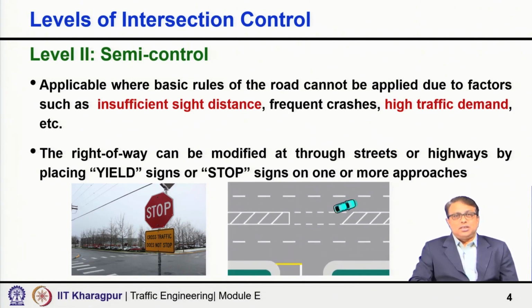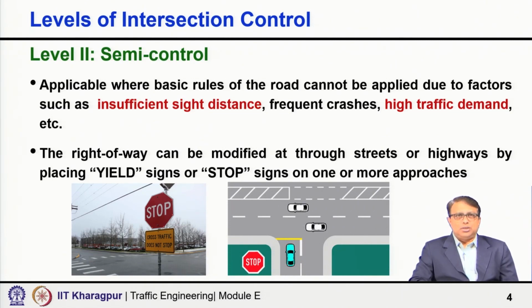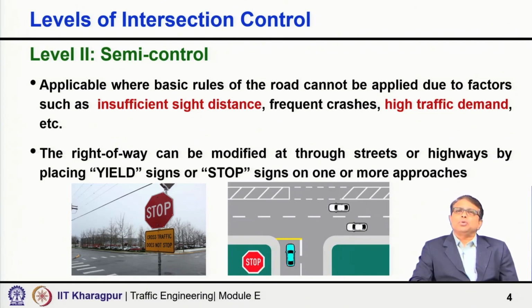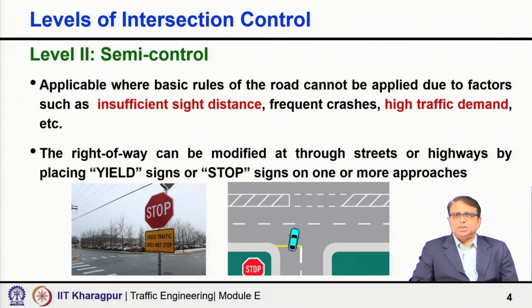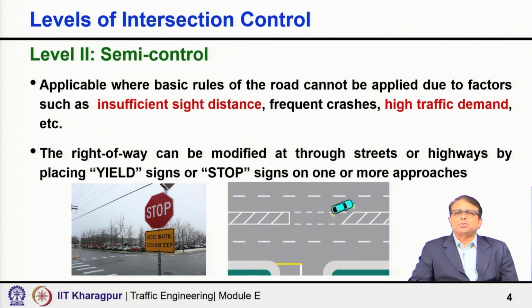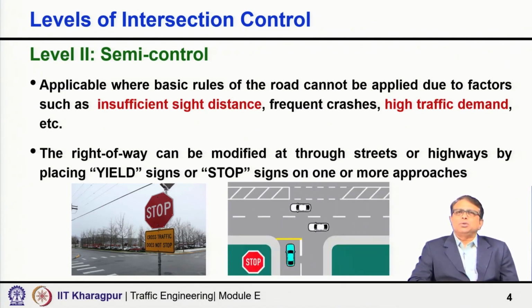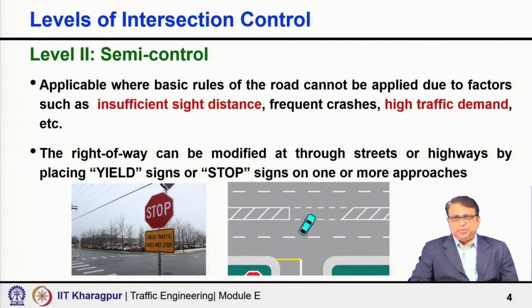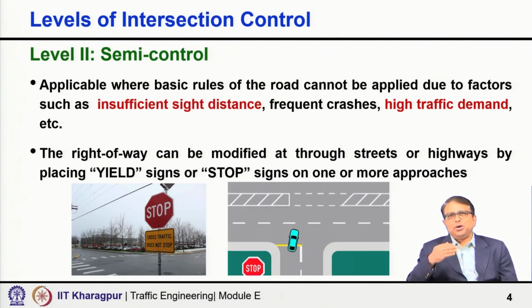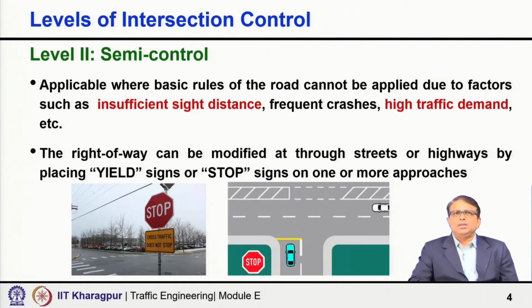So, the side distance available is not adequate, or maybe a lot of crashes are happening with level 1 control, or maybe there is so much high traffic demand that it is not able to help us operate with required efficiency and safety level. So, then the next level of improvement can be attempted.